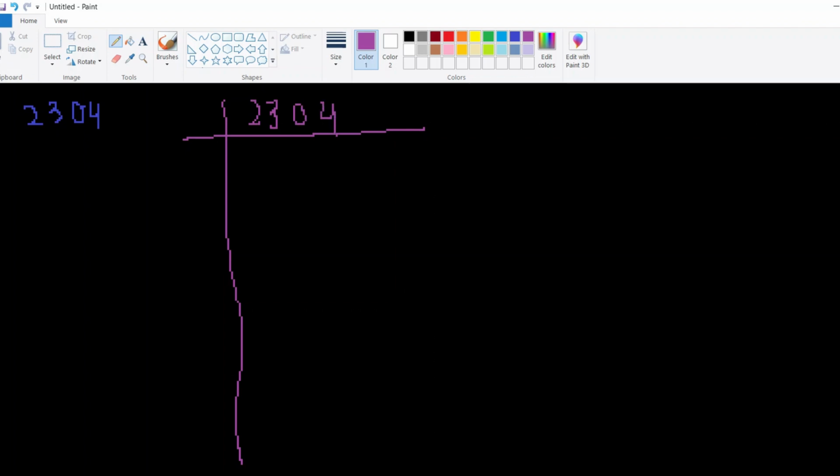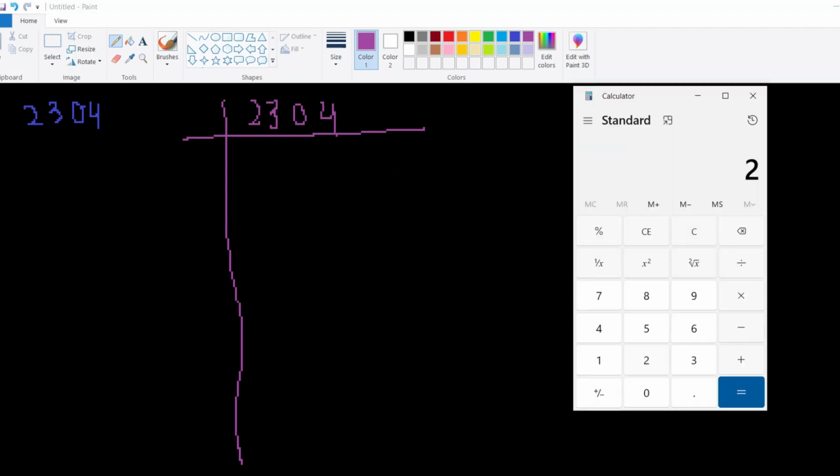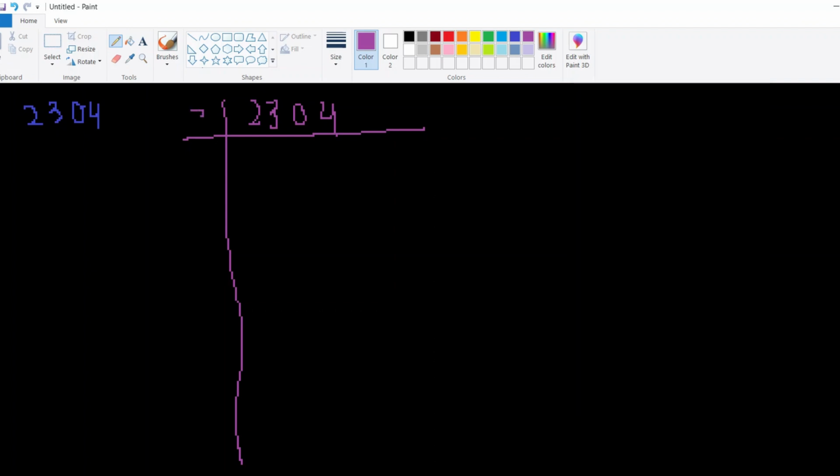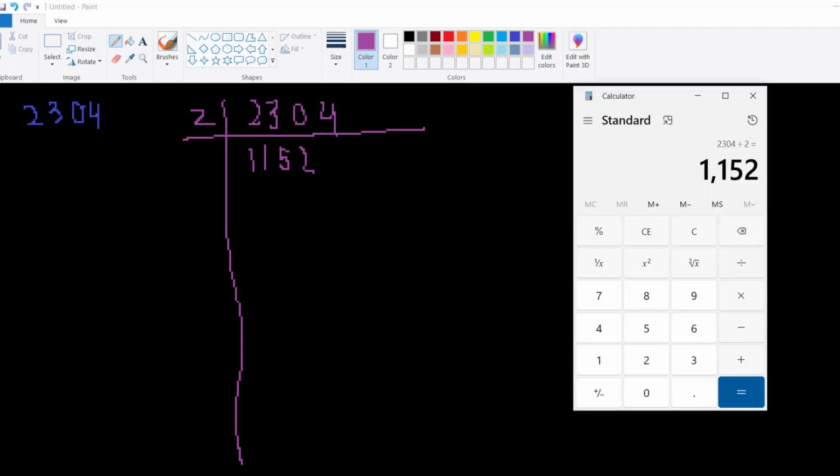So I would not waste my time making guesses. I would rather just divide it directly by 2. It gives me an answer of 1152. Now again, I know it ends with an even number, which means it is divisible by 2. See, it gives the answer of 576.